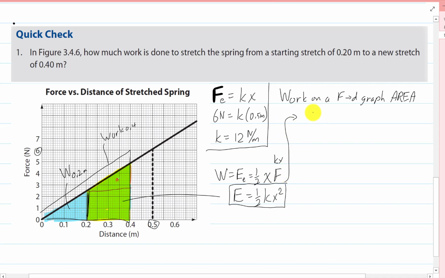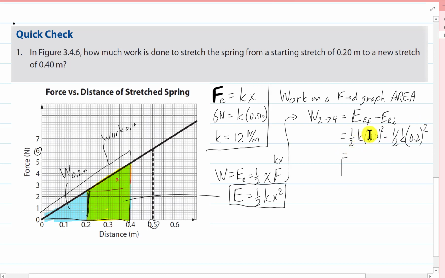So the work to move it from 2 to 4 would be the elastic energy final minus the elastic energy initial, and that'll be 1/2 k, final is 0.4 squared, minus 1/2 k and 0.2 squared.